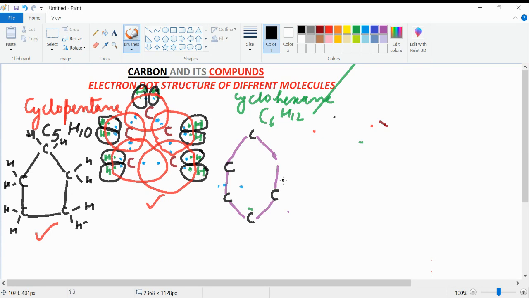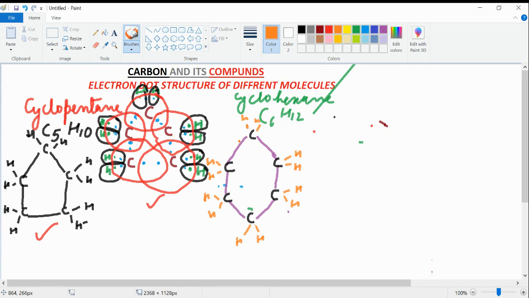I am using different colors so that you can differentiate between the electrons of each atom. And hydrogens are 12 in number. Like this. These are the bonds. Each carbon atom must have 4 bonds to complete its tetravalency.